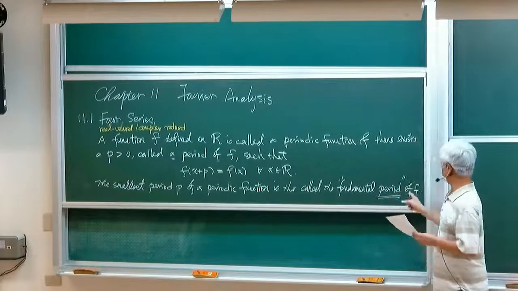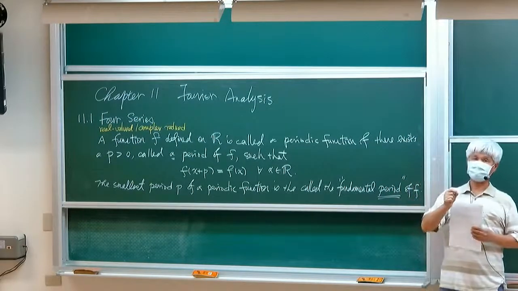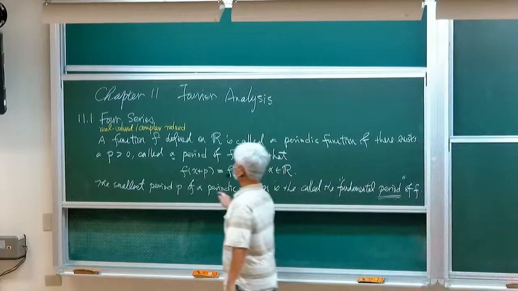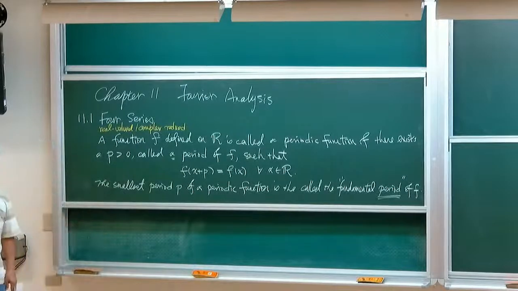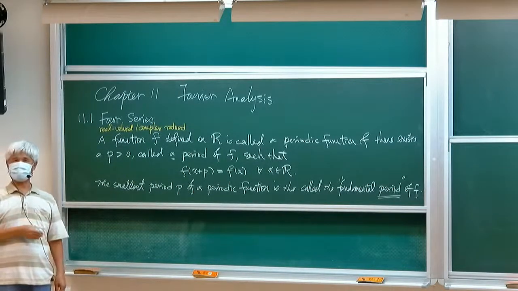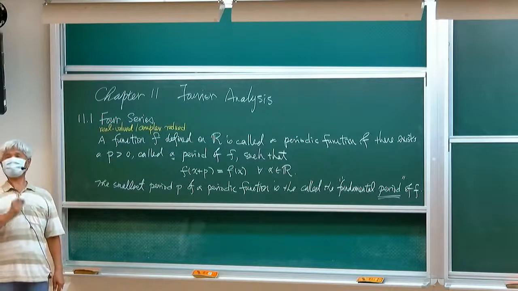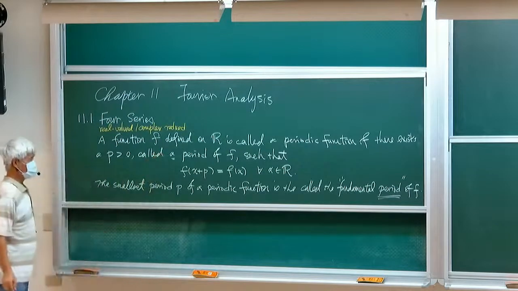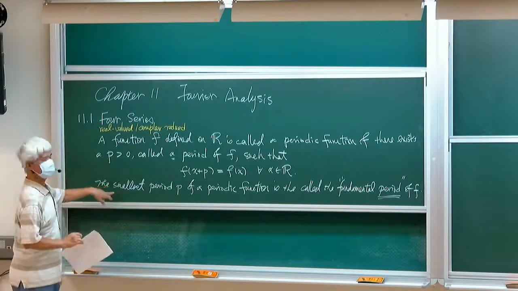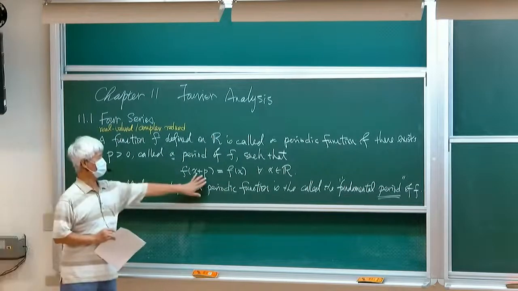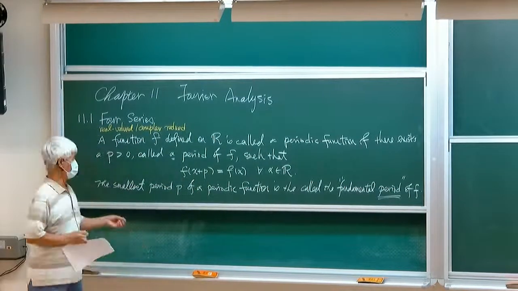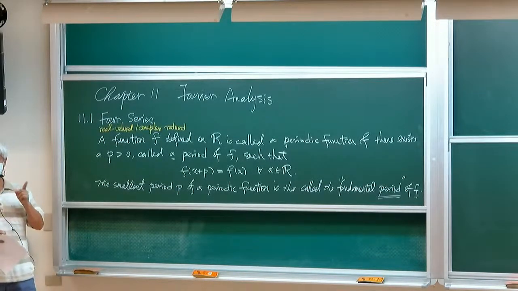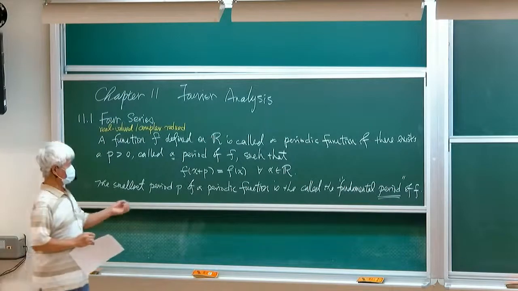So the period, when we use it, means the smallest one. And of course you have to prove that, but I think you have the experience in high school, I believe. So for any periodic function, it must have the smallest period, and the other periods will be integral multiples of the smallest period. That is a property of periodic functions.